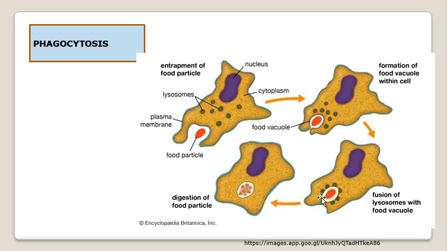These lysosomes get attached to the phagosome, forming a secondary lysosome, or digestive vesicle, and inside it lysosomal enzymes act on this solid material and carry out its degradation or digestion.